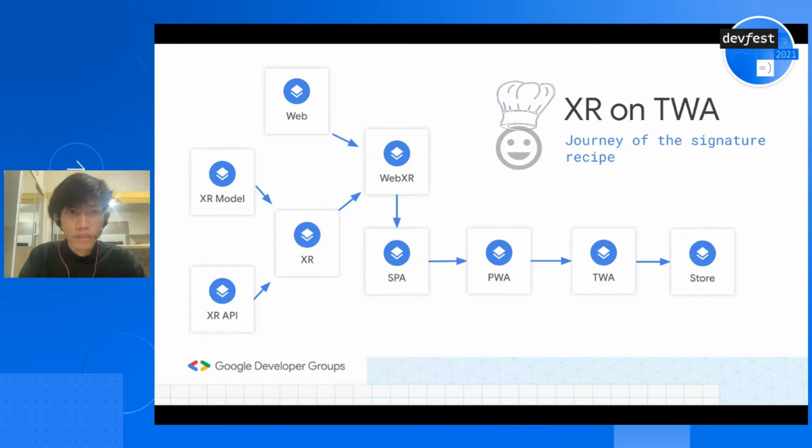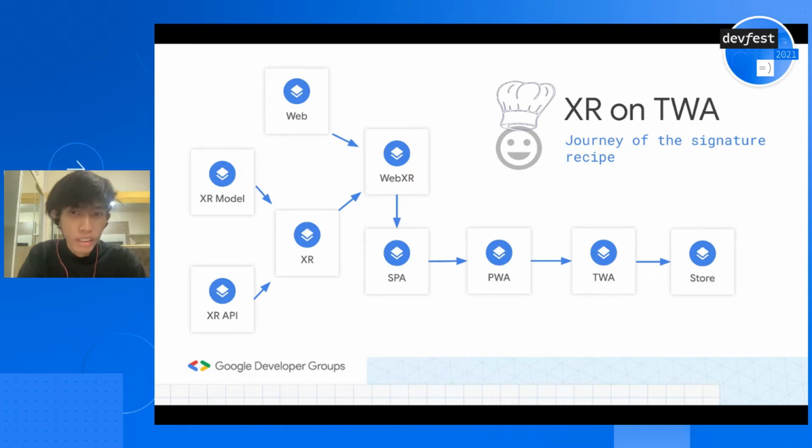After we combine the web and XR, becoming WebXR, the WebXR can also be transformed into something at the next level. As we can see here, it can be transformed into a SPA, then into a PWA, and again into a TWA.